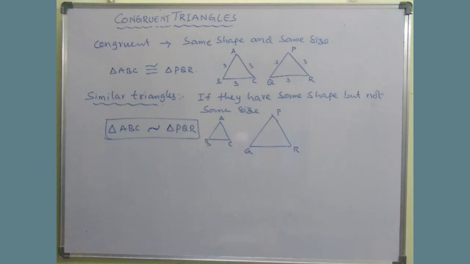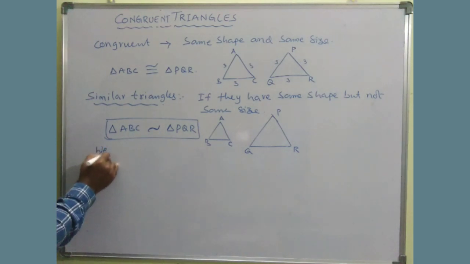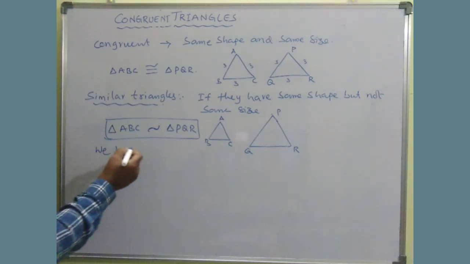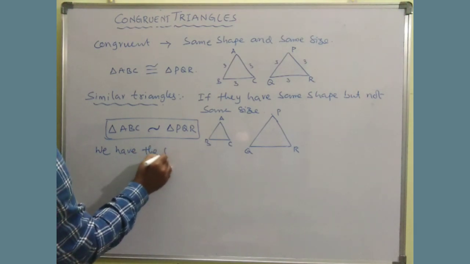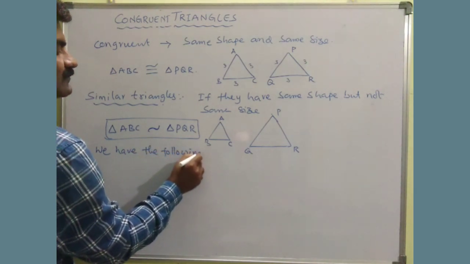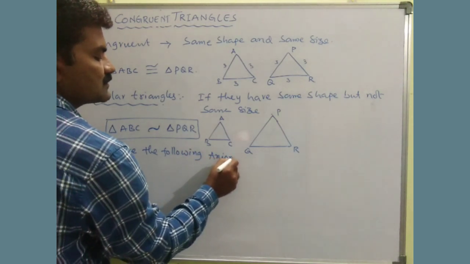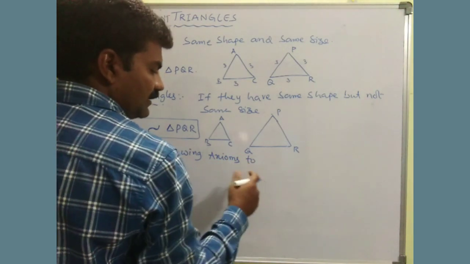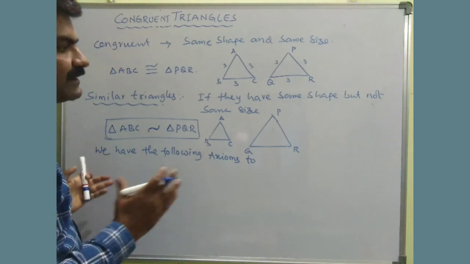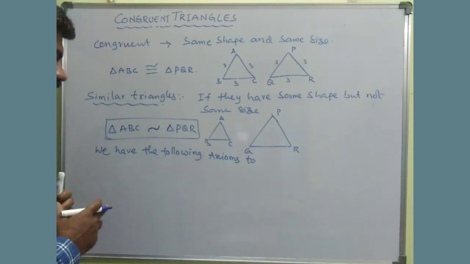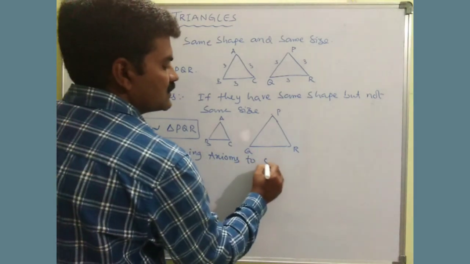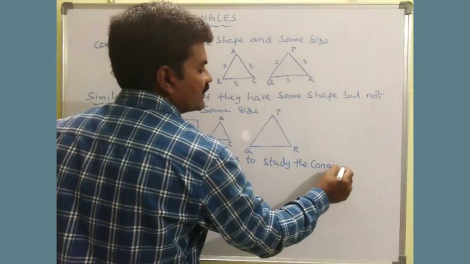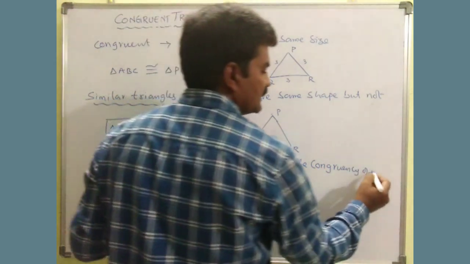Right, ma? So we have some axioms to decide whether the given triangles are congruent or not, to study the congruency of triangles.